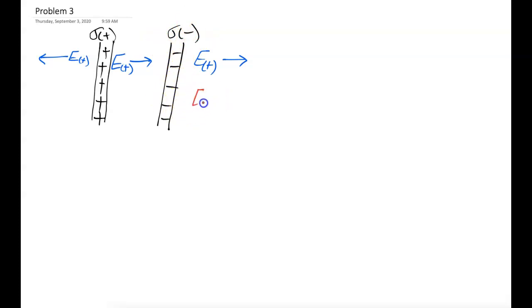So we know that E minus will be heading towards the negative charge distribution in both of these cases. And now, because these sheets are non-conducting, we know that the charges are fixed in place.